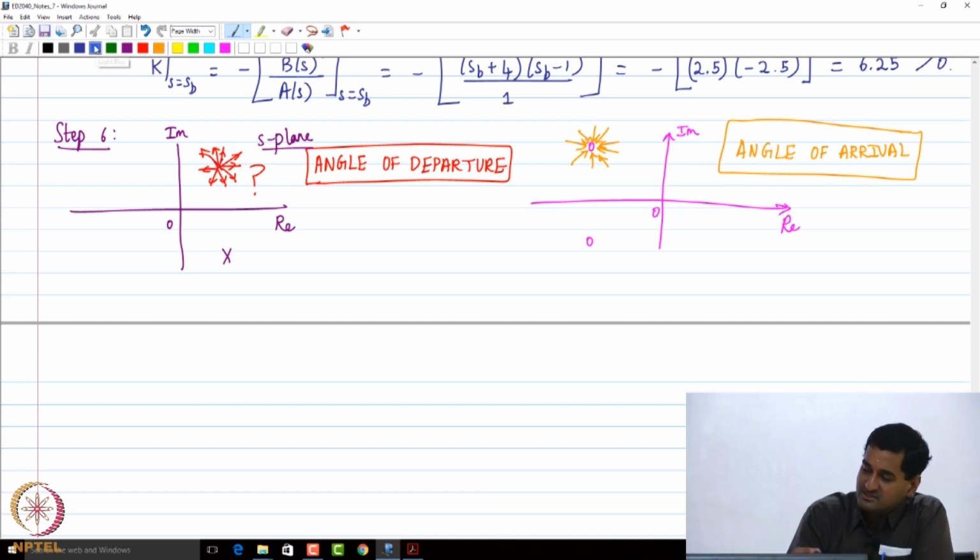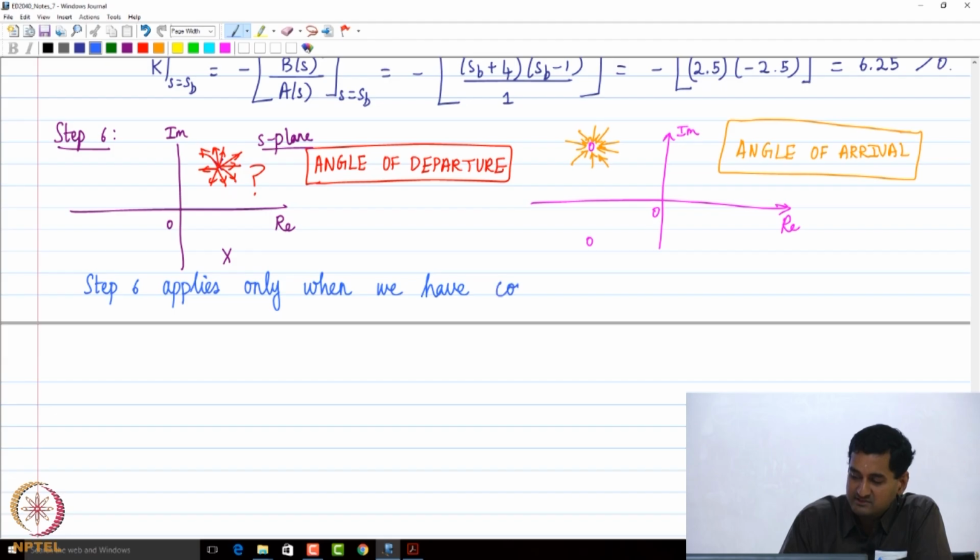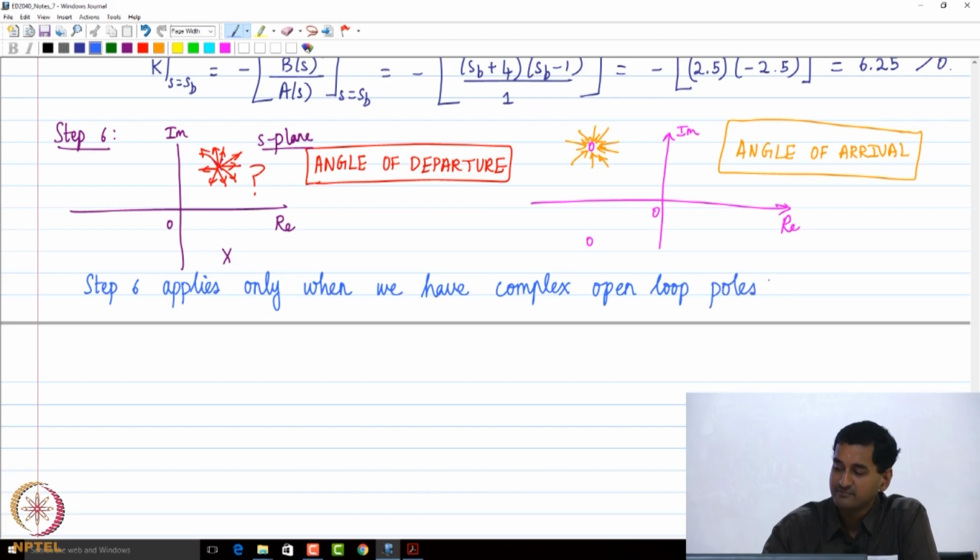But before this, step 6 applies only when we have complex open loop poles or open loop zeros, right?